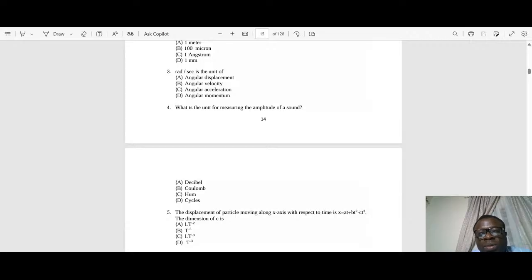On the left hand side, we have the displacement, which is L. So each term on the right hand side of the equation will have that dimension. So if you have C over t raised to power 3, that becomes LT raised to power minus 3.